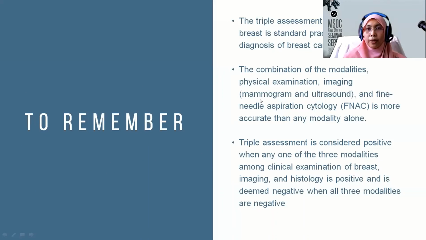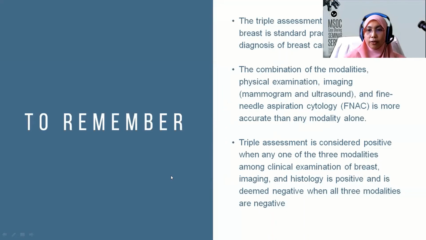So to remember, the triple assessment for a lump in the breast is standard practice toward diagnosis of breast cancer. The combination of modalities includes physical examination, imaging, and FNA, which is more accurate than any modality alone.